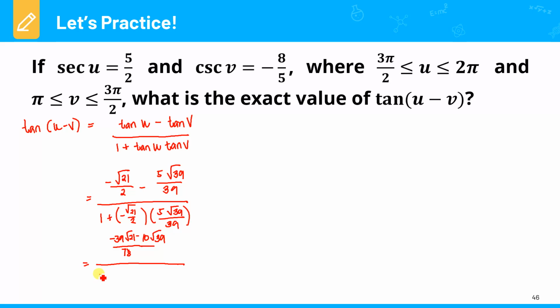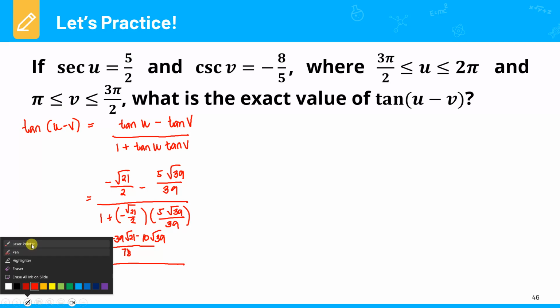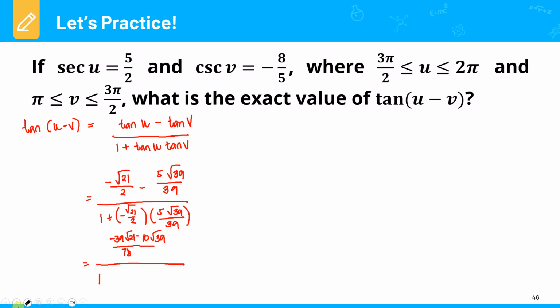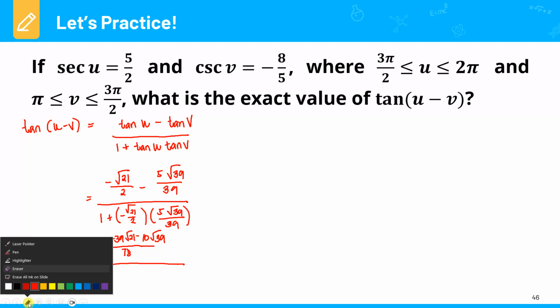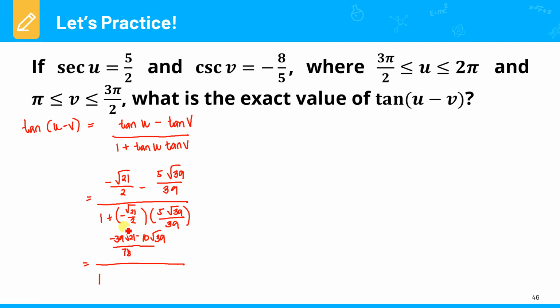You have 1 plus, let's replace it with minus, because positive times negative is negative. So minus 5 square root of 21 times 39, which is equal to 819, over 78.